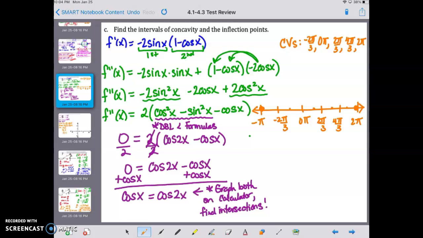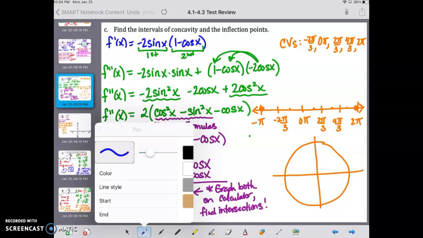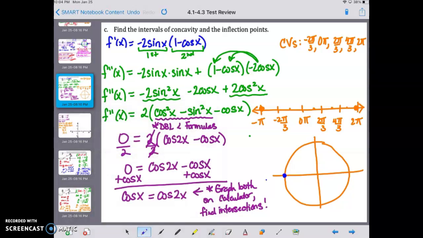And I need to come up with some test values that live in these intervals. So again, let's think about our unit circle. Any point in there will do, and we can totally use our calculator to do the sign testing too. But keep in mind that negative pi is right here, and -2 pi over 3 would be right here.